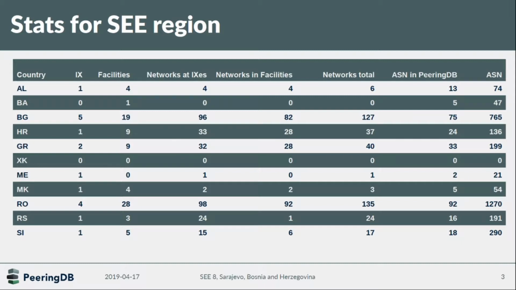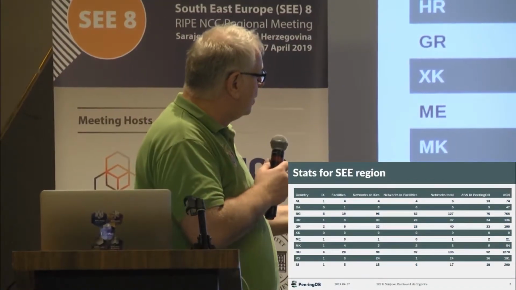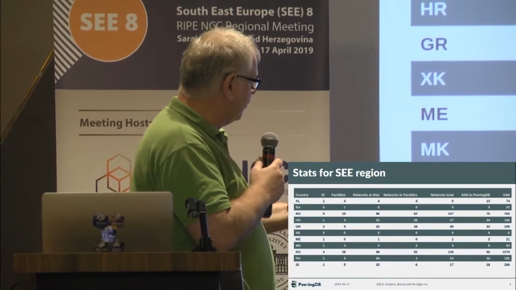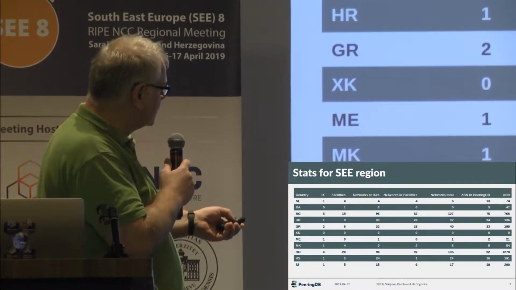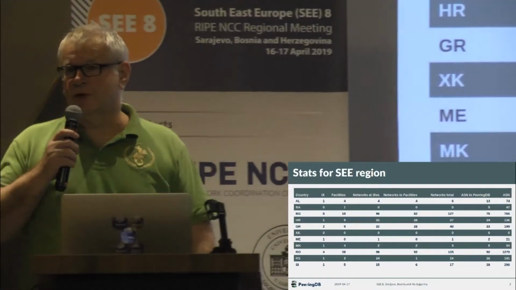The next one is the number of networks at the IX as a total. If there is only one, it's definitely the number of networks at this IX. But if you have more, then I just sum up, and I also already eliminated duplicates. This means there are a total of 69 networks connected to the 5 IXs which we have in Bulgaria.